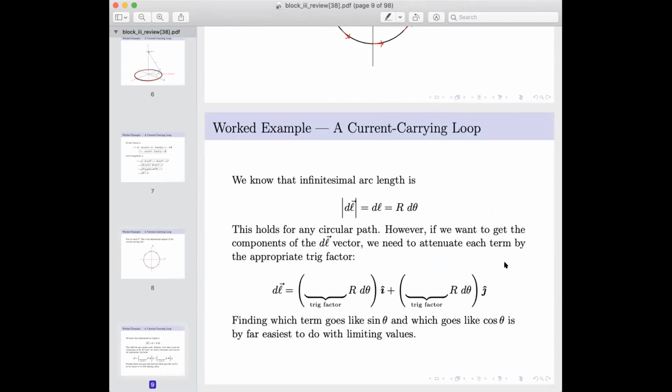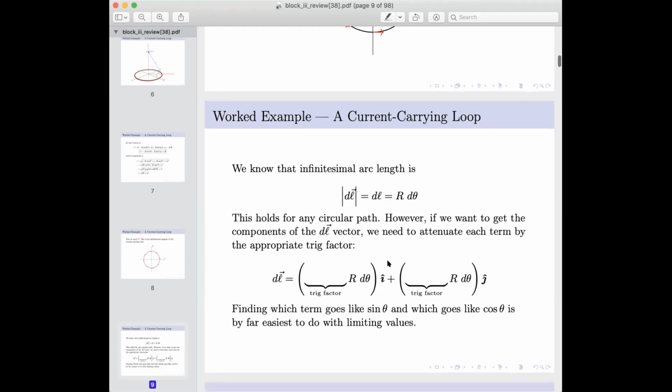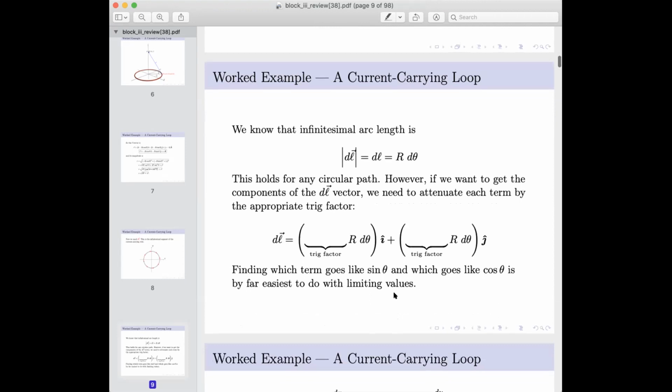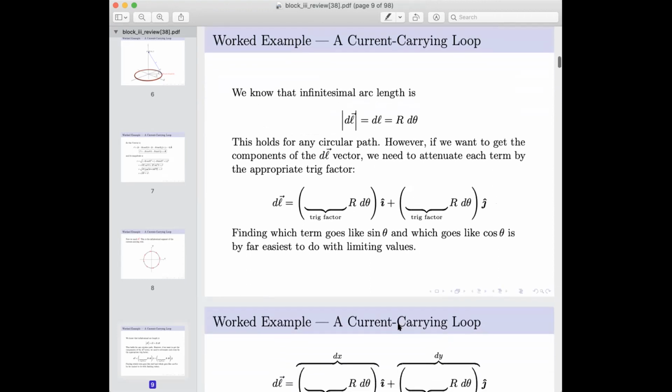To do this, we have to do trigonometry again, because it's a circle and it's not as easy as just straight lines, which is unfortunate, but that's okay. So we just need to figure out which component goes to which part of our dl vector, the i hat or the j hat component.